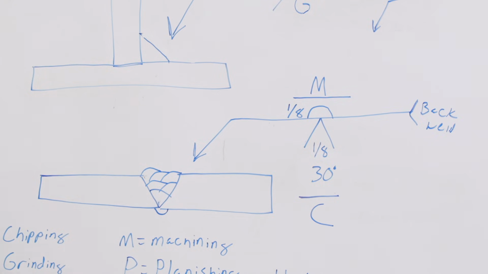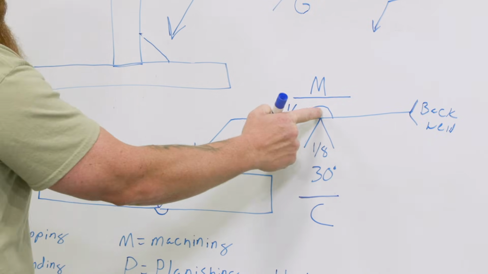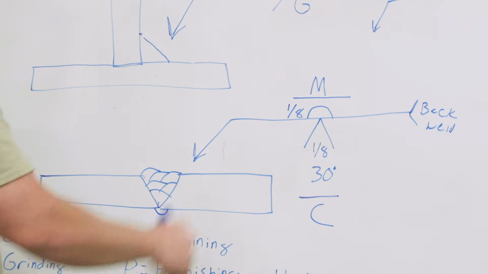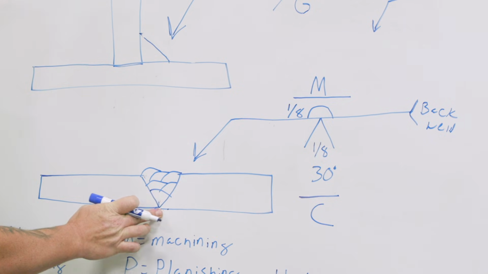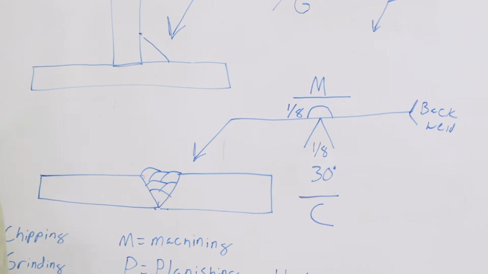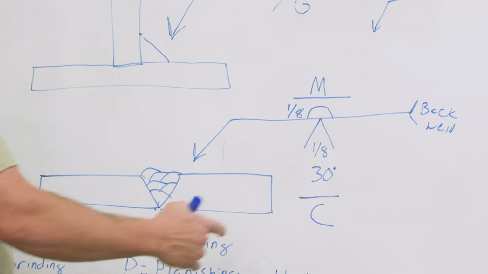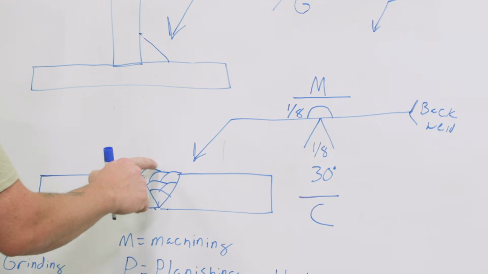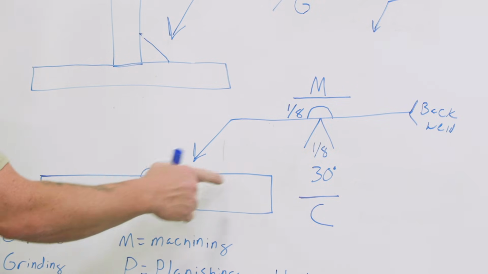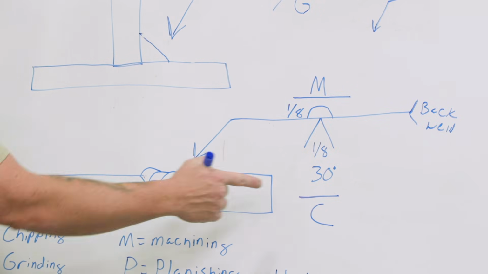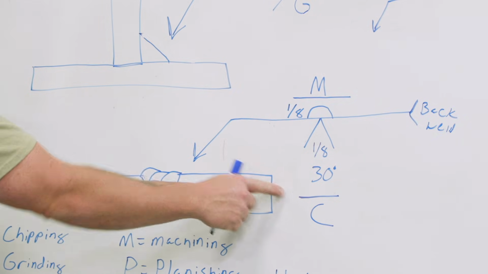Okay, so we have all these different layers in here, and it tells me that my back weld is going to get machined flat. So we're going to come in here and machine that, probably with a mill surfacing machine, something of that nature, depending on what's at your disposal. And then this one right here, where we have that bevel on there, we filled that bevel in, that's going to go ahead and get chipped flat.